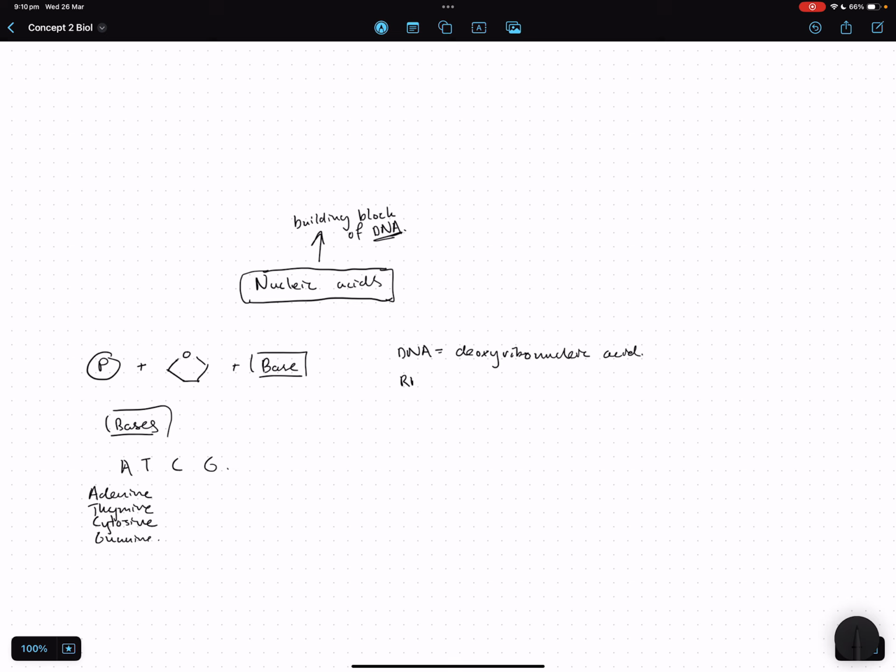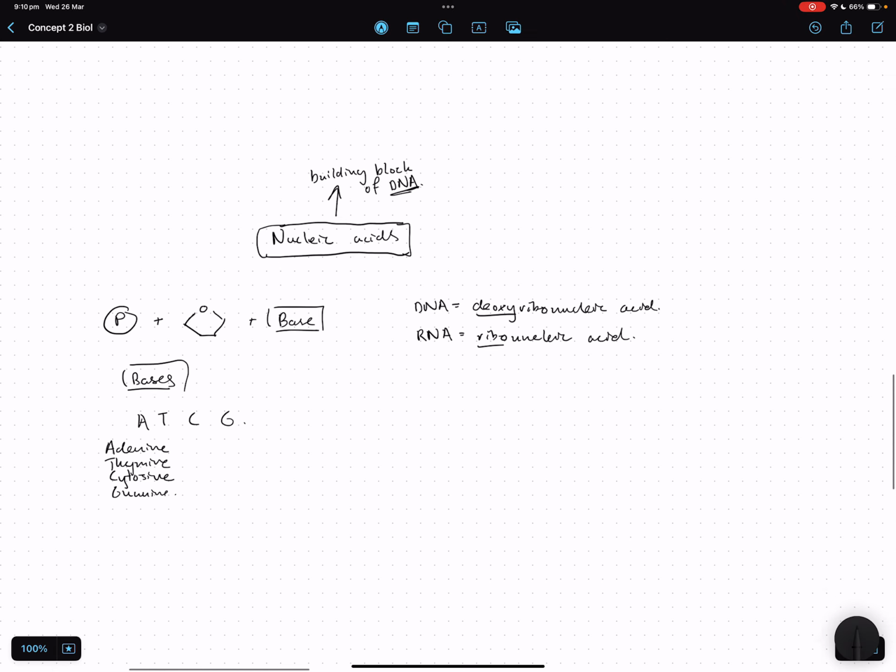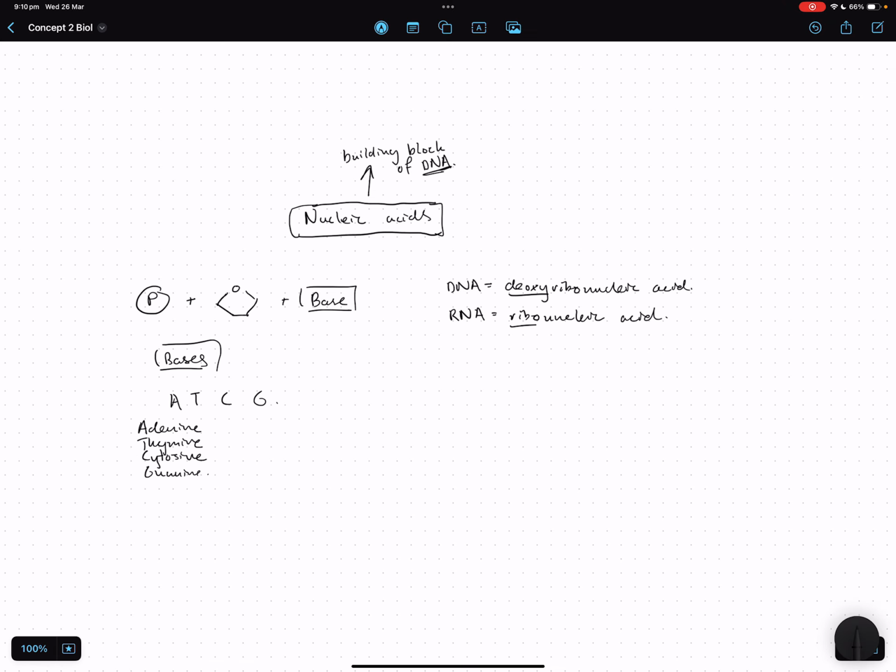And then RNA is simply ribonucleic acid. Basically, it refers to the sugar here, because there are 2 5-carbon sugars. It's either ribose or deoxyribose. For DNA, it's deoxyribose. For RNA, it's ribose.